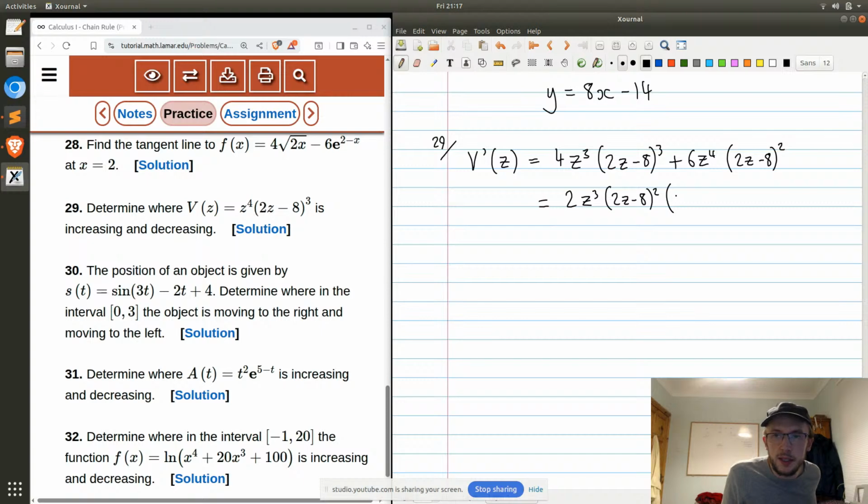And I'm going to put in 2z for this. No, that's wrong. Just put in 2. And then put in a 2z minus 8. Okay. And then a plus. And then a 3z. And that's good. And continue.